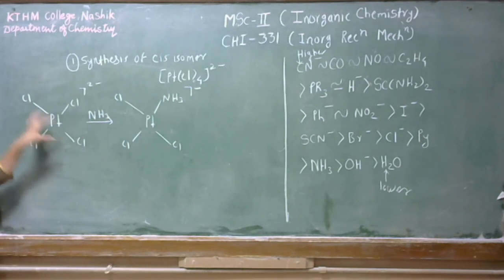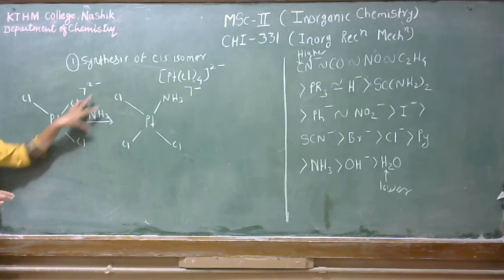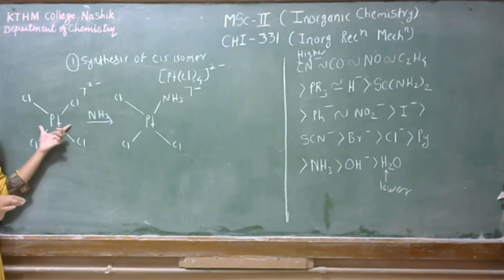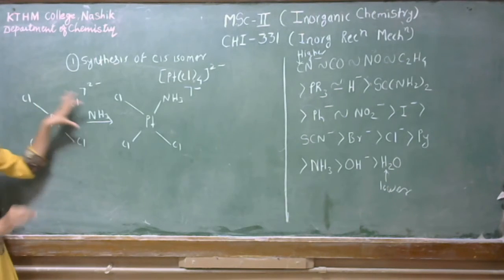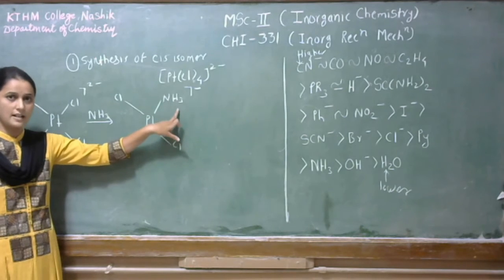What happened here? This is our starting substrate, that is PtCl4 2 minus. We treat NH3 with this complex. After treating NH3 with this complex, one of the chlorines gets replaced and NH3 is placed at that position.